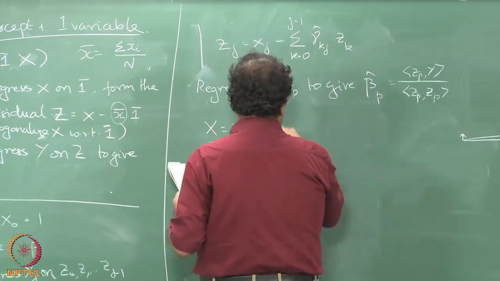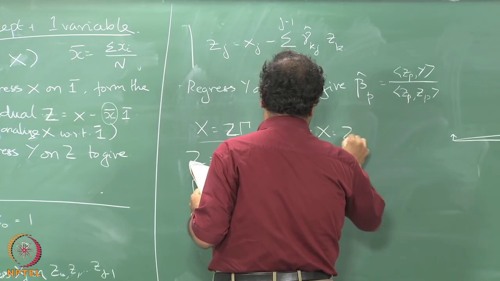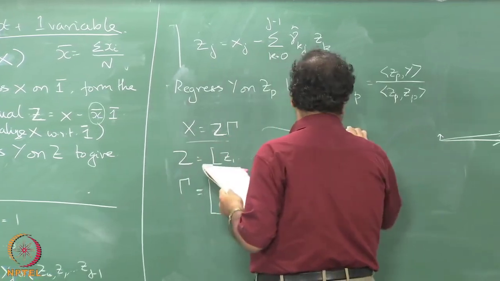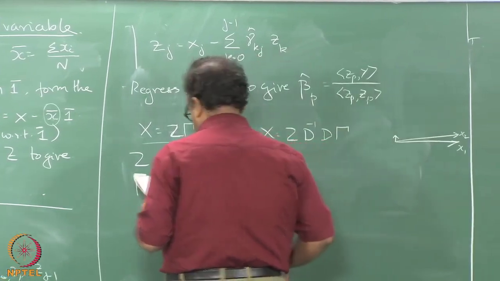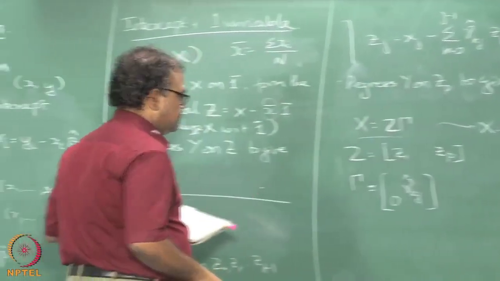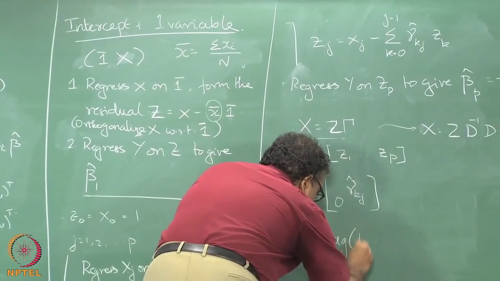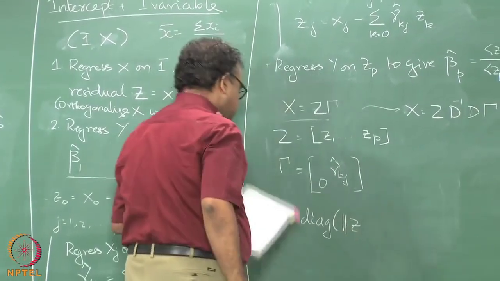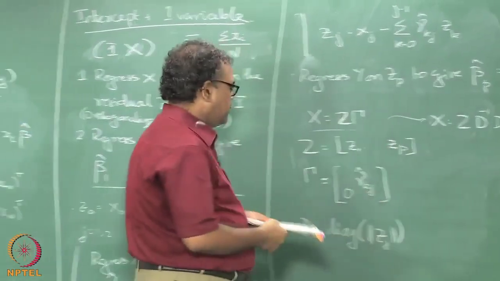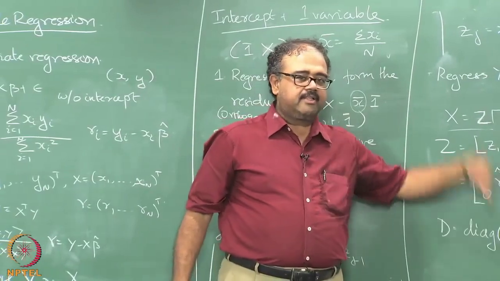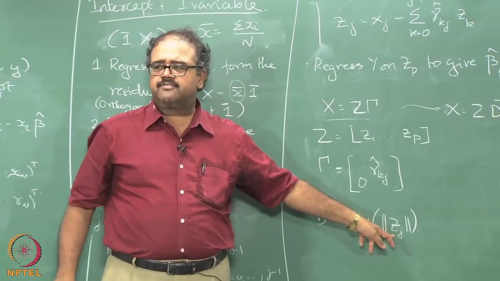And D is a diagonal matrix where the diagonal entries are the norm of Zj, essentially the inner product of Zj with itself.